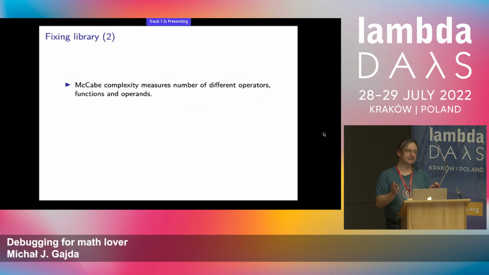So you may think these models are a little bit naive, right? There is a guy called McCabe who took a certain number of code bases and computed their complexity by counting the number of operators, pairs of operators and operands that are the same.